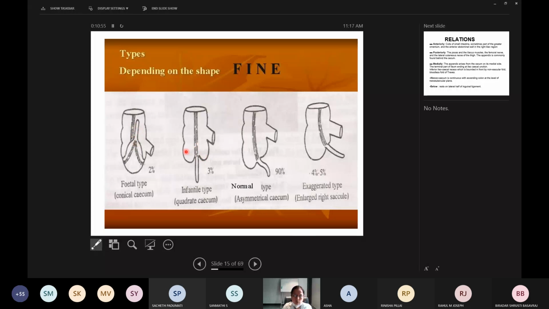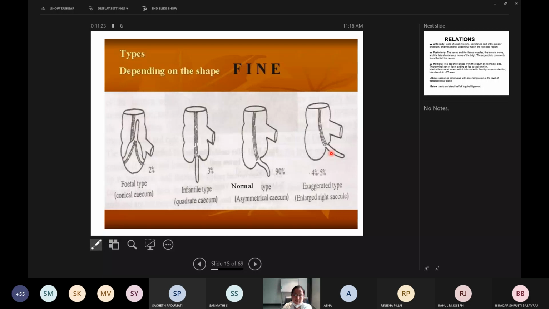This is the quadrate type, where the appendix arises from its depressed bottom. This is the normal type, seen in 90%, where the right saccule is enlarged and the appendix is situated 2 centimeters below the ileocecal junction. And the exaggerated type, where the right saccule is hugely enlarged and the left saccule atrophies.